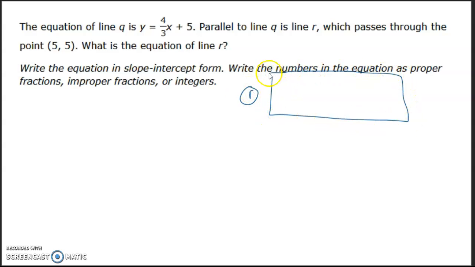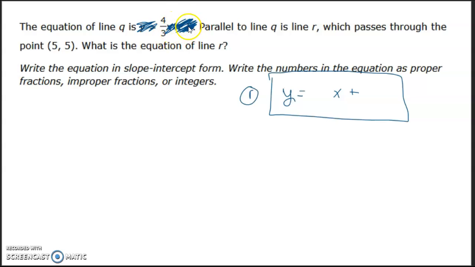In order to find that, I know I'm going to have to fill in my m, and I'm going to have to fill in my b. So we're going to leave those little spots blank. That's what it wants. This line R, our little clue, is parallel to line Q. Again, the only thing I really care about from Q is its slope.